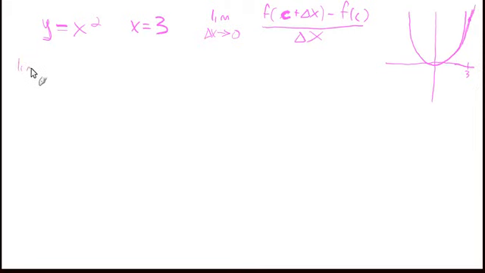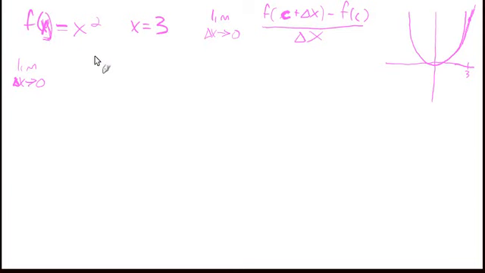That's what we're going to do. The limit as delta x approaches 0 of f of c plus delta x. So let's call this f of x, f of x equals x squared.